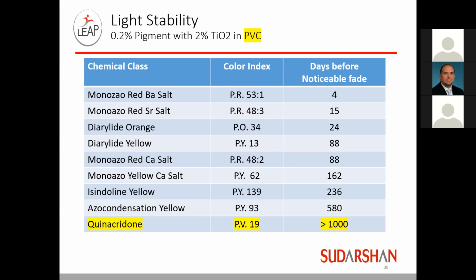This is a chart that just is a comparison in a plastics situation that compares the different color indexes in a mixture with white with respect to light stability and how many days it takes before there's a noticeable fade in color. So you can see how much greater the light fastness is with the violet 19 over the other color indexes that are shown here.